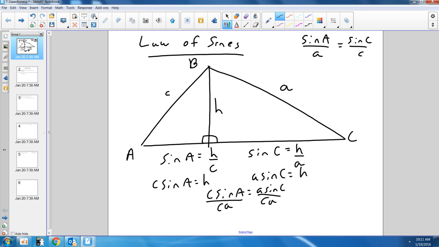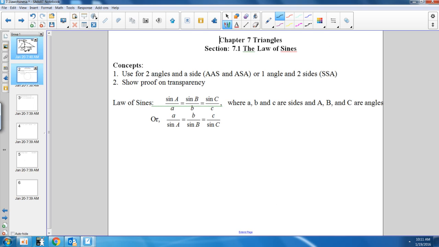Now that we developed that idea, it should be easy to apply because you're just looking at these particular equations for the law of sines. Notice we can write that either way, depending upon what's given. Capital letters are angles, lowercase letters are sides.